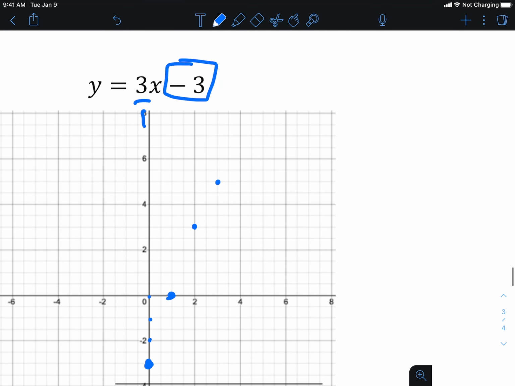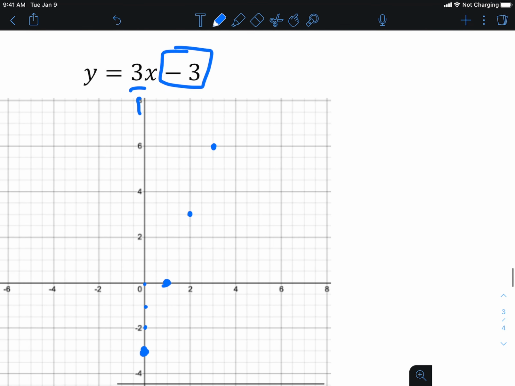Up 3. Oops, 1, 2, 3, right. That seems off. Yeah, that does seem off, because I only counted up 2 in the last one. 1, 2, 3, right 1. All right. Bingo, bango, bongo.